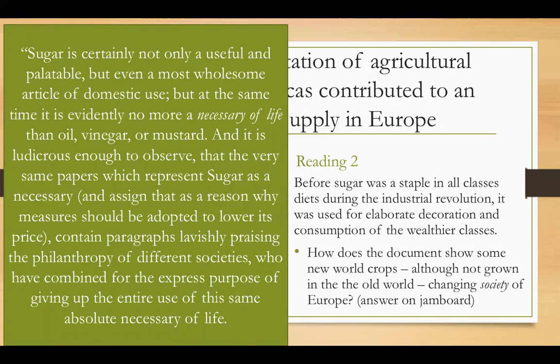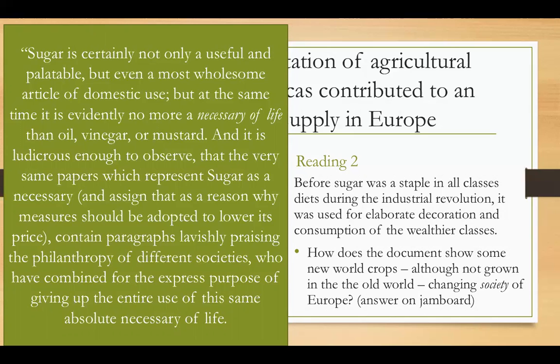So here we have this source. Sugar, certainly not only a useful and palatable, but even a most wholesome article of domestic use. But at the same time, it is evidently no more a necessary of life than oil, vinegar, or mustard. And it is ludicrous enough to observe that the very same papers which represent sugar as a necessary, so papers as in like newspapers.